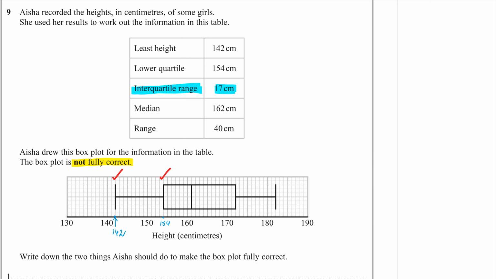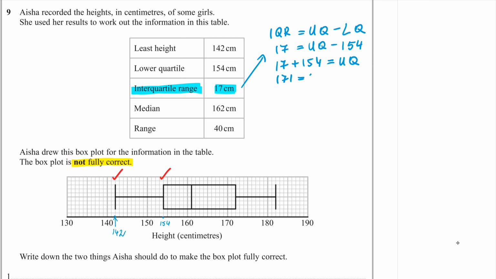The interquartile range is upper quartile minus lower quartile. Replacing the values, interquartile range is 17. We don't know the upper quartile, and the lower quartile is 154. To solve this, we add 154 to both sides. 17 plus 154 is the upper quartile. 171 is the upper quartile.